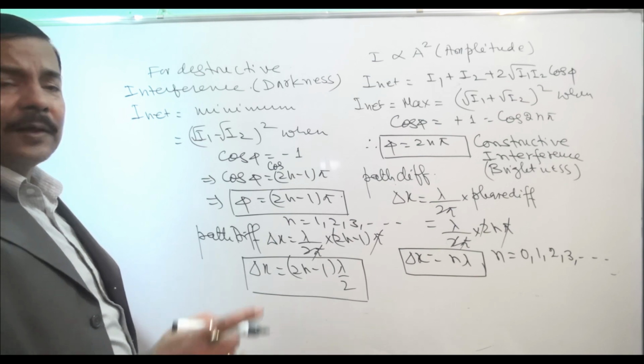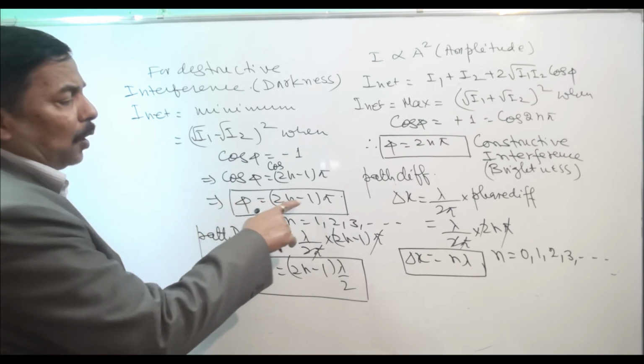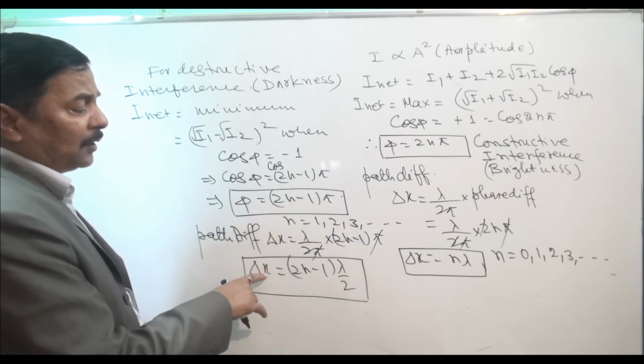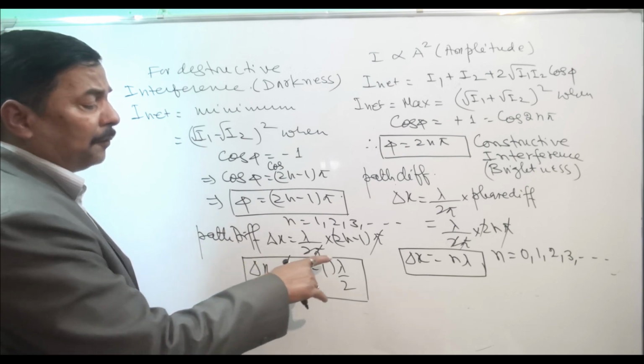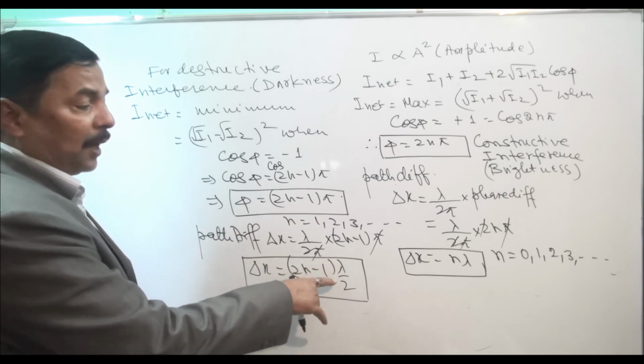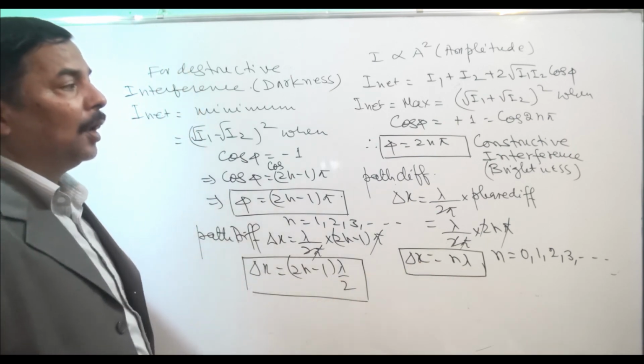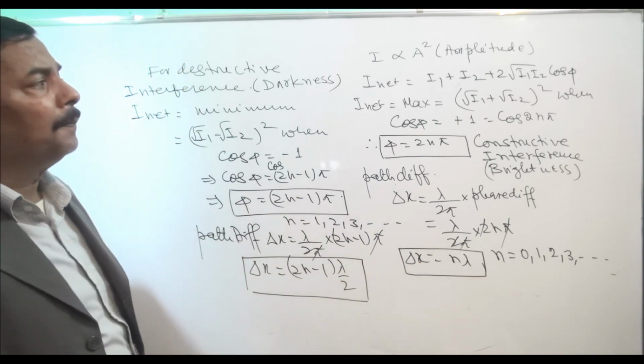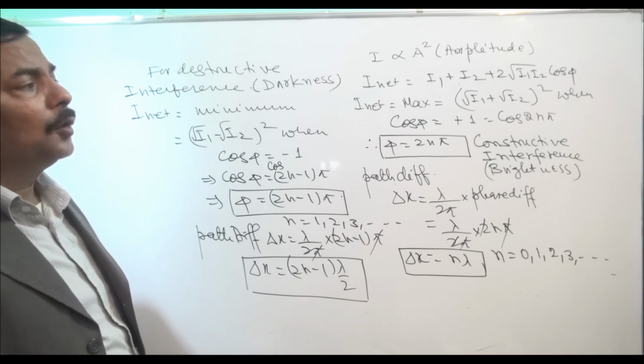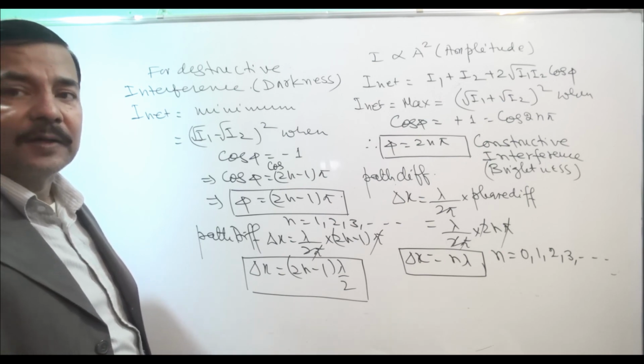For destructive interference, the path difference should be an odd multiple of half wavelength. Here lambda by 2 is there, whereas for constructive it is lambda, so be careful. This is the condition for constructive and destructive interference.